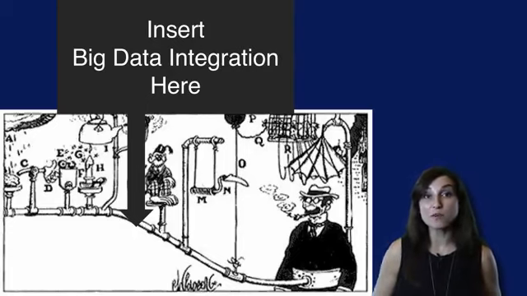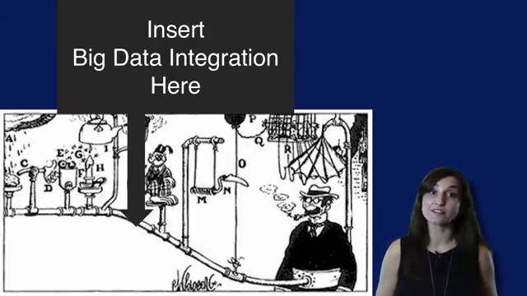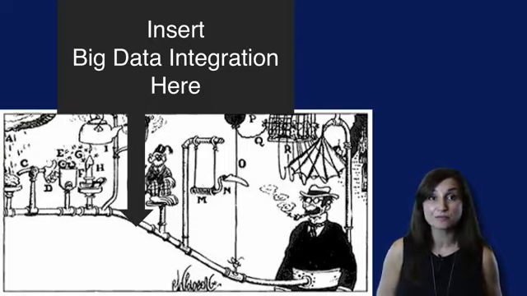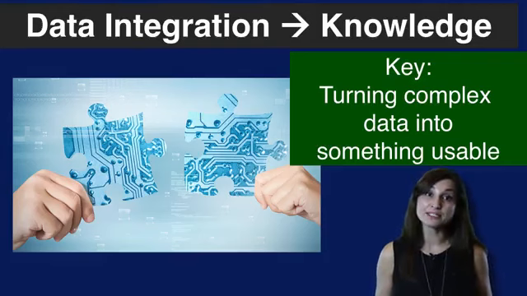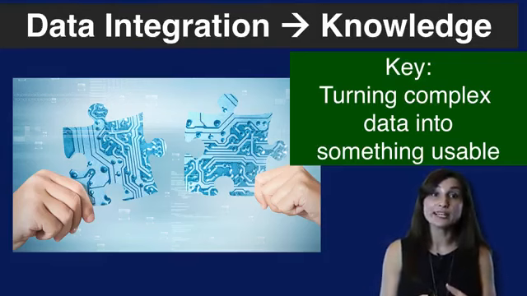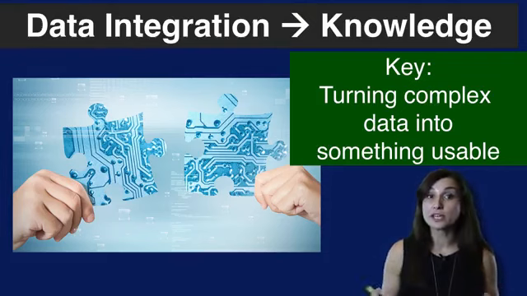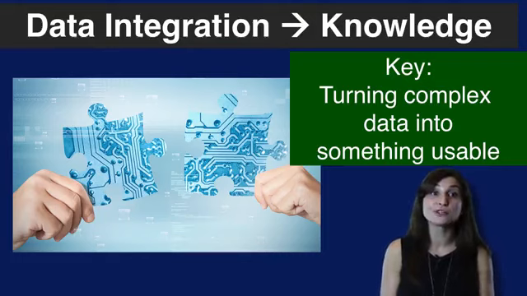But let's take a moment to define why effective data integration is useful. Data integration means bringing together data from diverse sources and turning them into coherent and more useful information. We also call this knowledge.